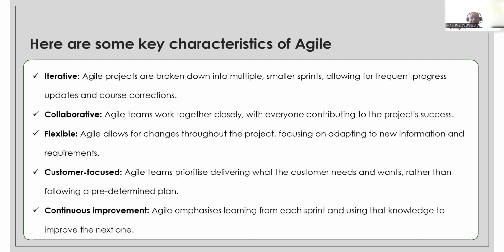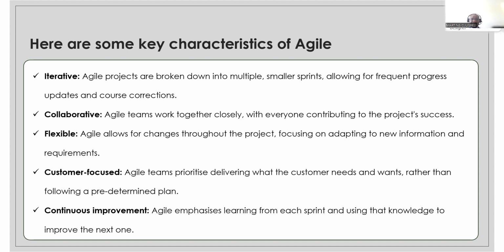Another characteristic of agile methodology is that it's customer focused, meaning at the heart of the methodology is the customer. So priority is placed on delivering what the customer needs and wants, rather than following a predetermined plan like we have in other methodologies.